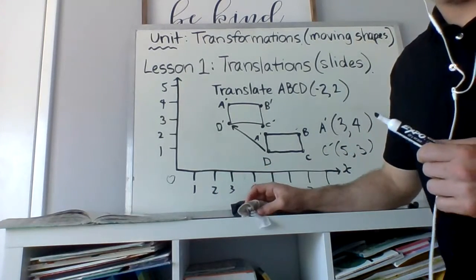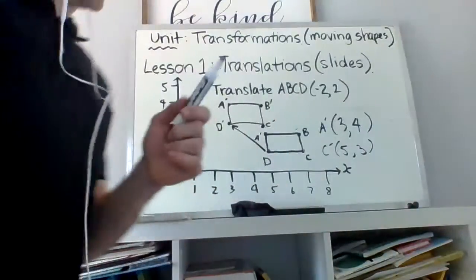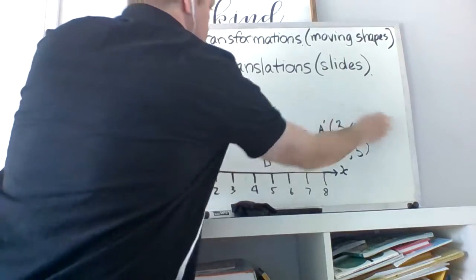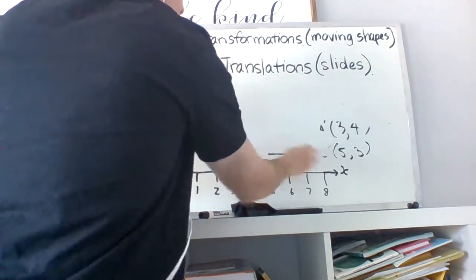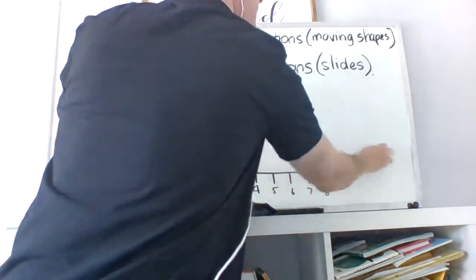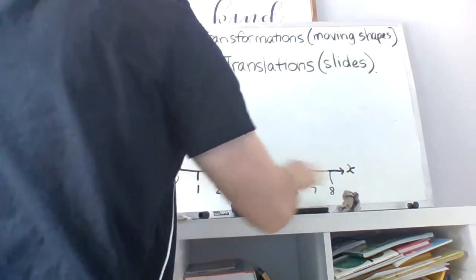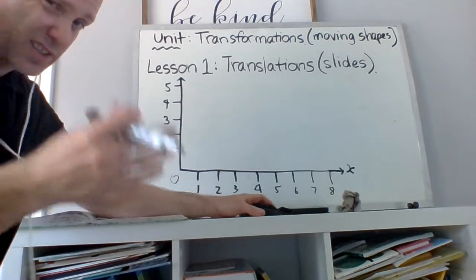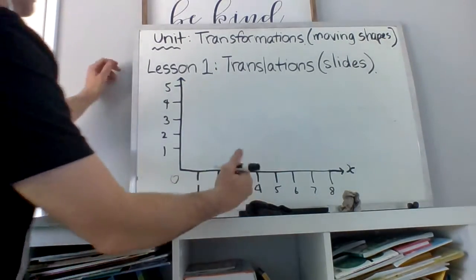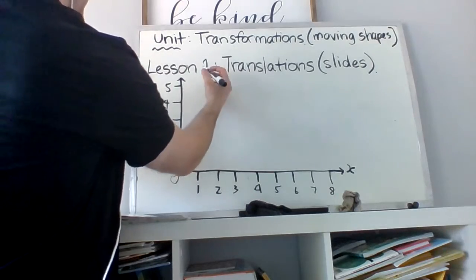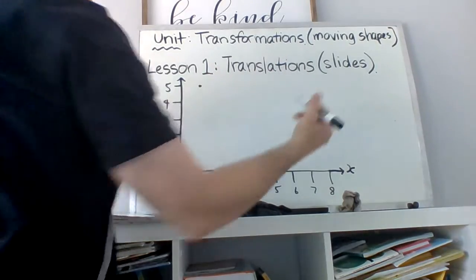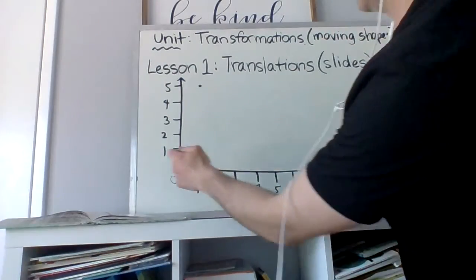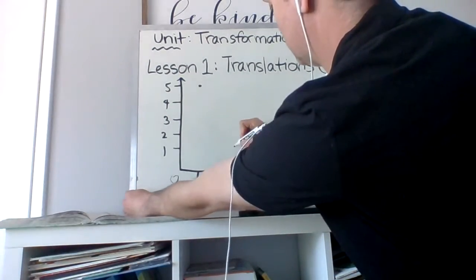I'm going to do one more little example here. I'm going to erase all this. Now I'm going to draw translation arrows, and then we're just going to describe them. For example, let's say I start here, and let's say I end here.